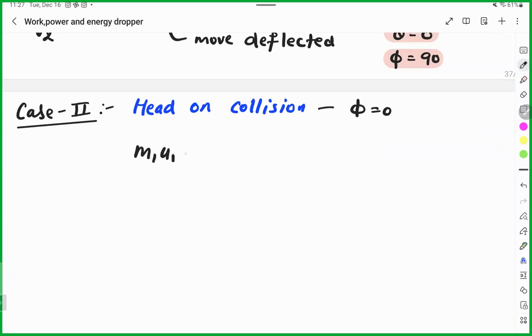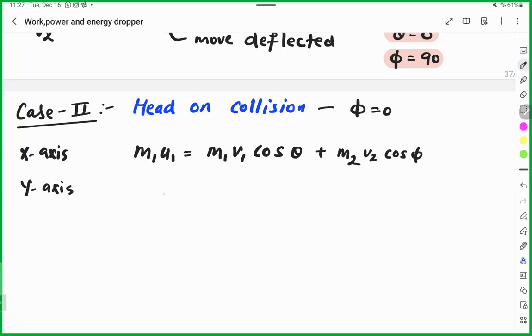And if phi is 0, what will you see? M1 U1 is equal to M1 V1 cos theta in the x-axis plus M2 V2 cos phi, and phi value is 0 and cos 0 is equal to 1. This is in the x-axis. If you do it in the y-axis, this is 0. What is this?